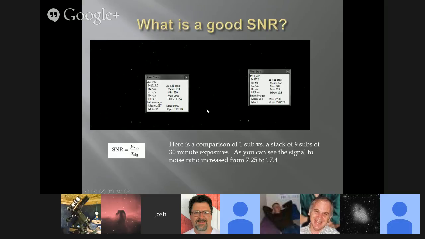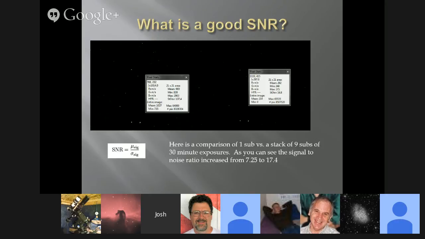So I went through my data and grabbed some of the information, and you can actually look at the signal-to-noise ratio, your mean signal over your standard deviation in a sub, and just show the difference between one unstacked sub, which came out around 7.25, and the stacked sub, which came out at 17.4. So we talk about what is good signal-to-noise ratio, and a lot of the time it is a subjective thing.